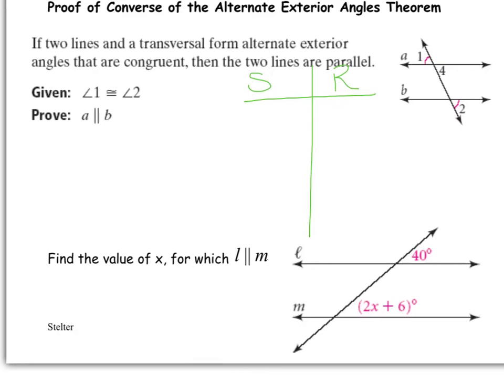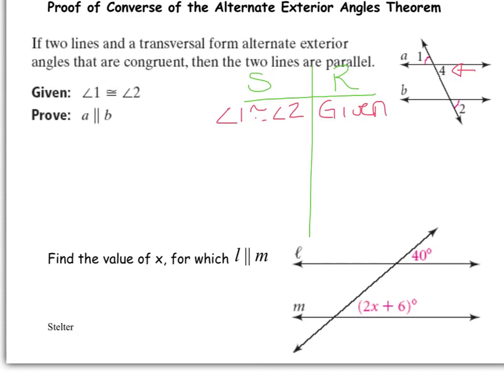You want to start with your given. And then they have angle 4 here, not just to look pretty, but there's a reason for it. You're going to have to introduce that angle 4 with one of the other angle relationships.